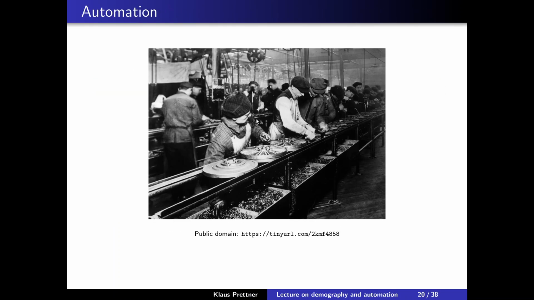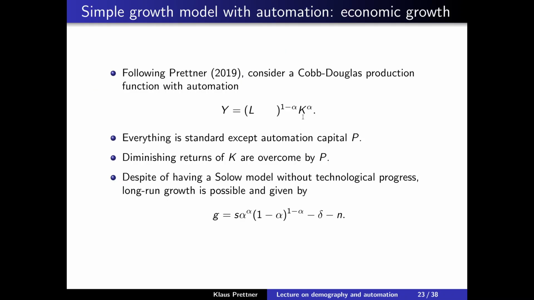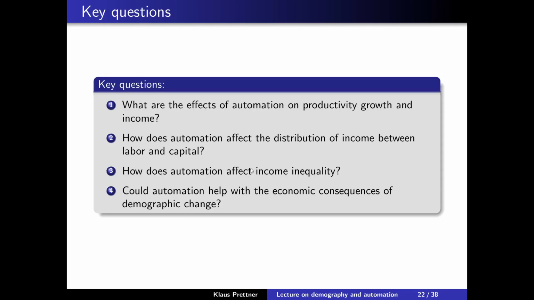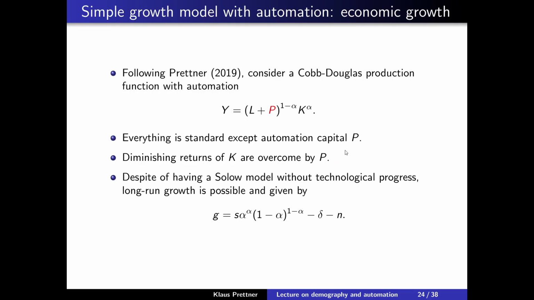So this corresponds to this picture here, where we need workers in order to produce output. However, then automation becomes feasible. So we have a perfect substitute for labor suddenly. So we don't need any workers to produce output anymore. And that corresponds to this figure here. We can produce with physical capital alone.